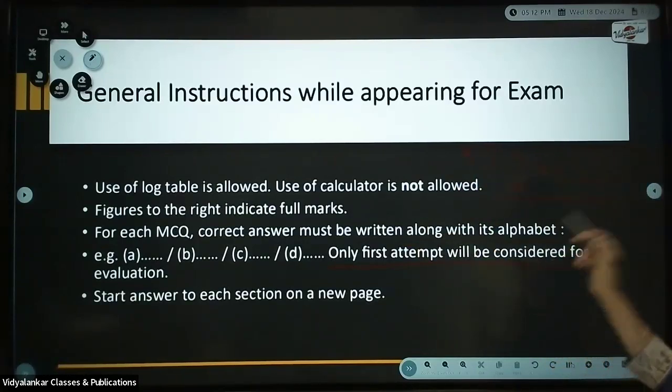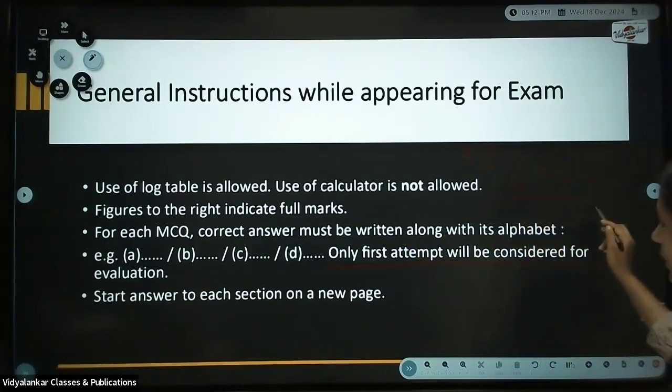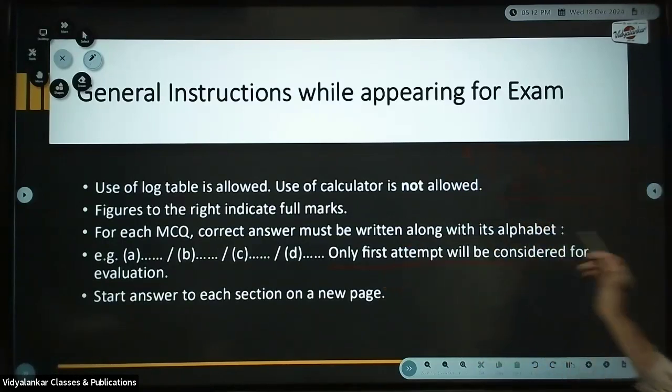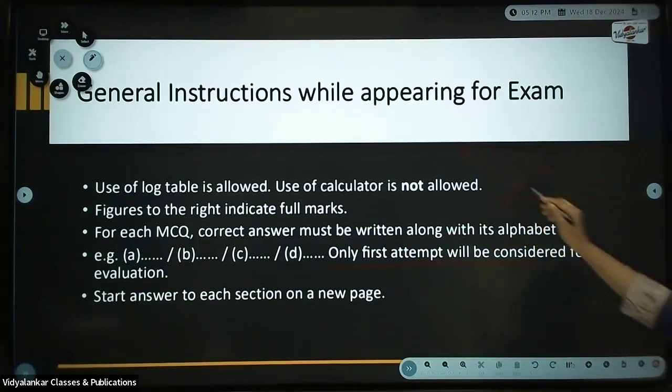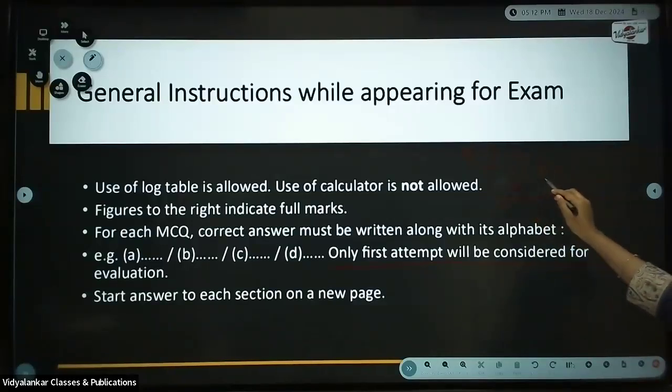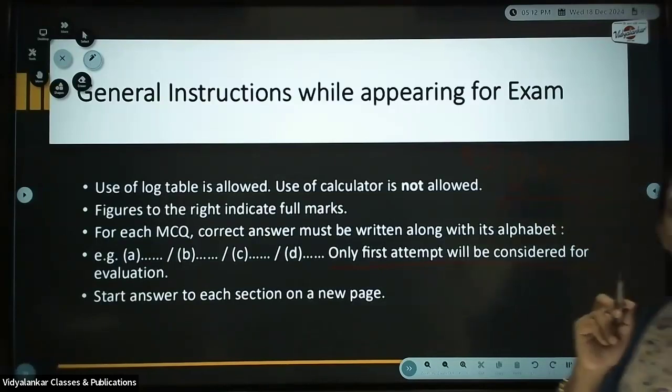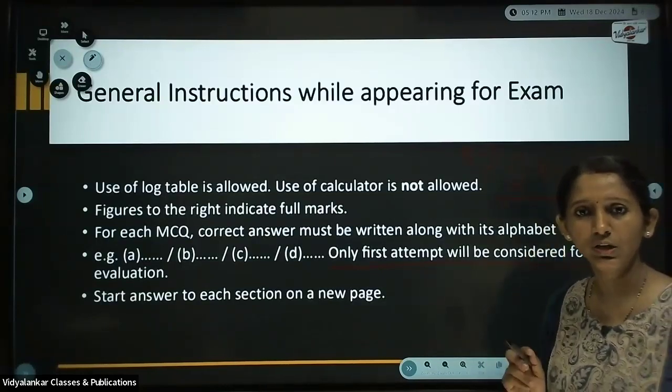So for MCQs, always remember this is the pattern and always the first attempt is considered for the evaluation. I hope you understood the pattern: question number, option number, and then the correct option. Clear?